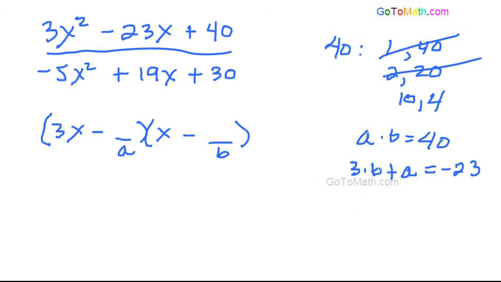If you put a 10 here, that's going to be 34. No, that's not going to work either. Remember, both these must be negative numbers. Put a 4 here, you get 12. Okay, I think that might be it. So if you put a 4 here and a 10 here, you're going to get 12, and 12 plus 10. Oh, crud. It's 22. That is terrible.